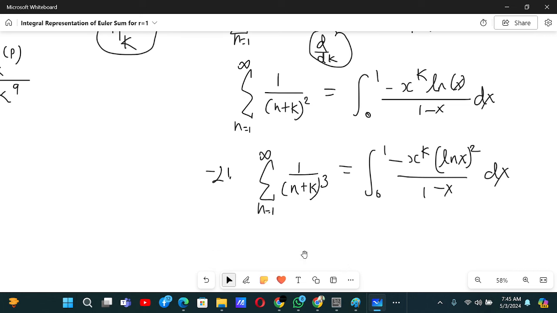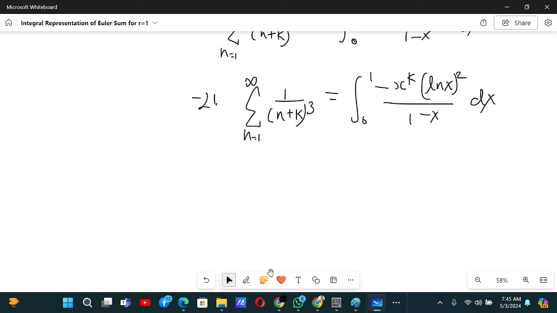If I go on differentiating, the next differentiation will again give minus 3 factorial, then 4 factorial, then 5 factorial. So if we have an odd number there is a minus sign.